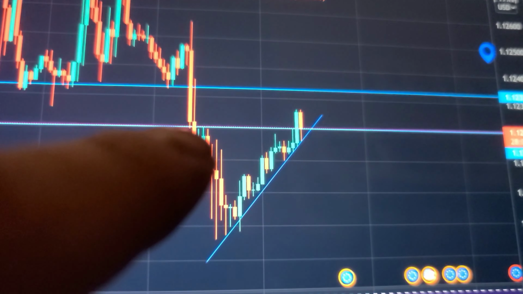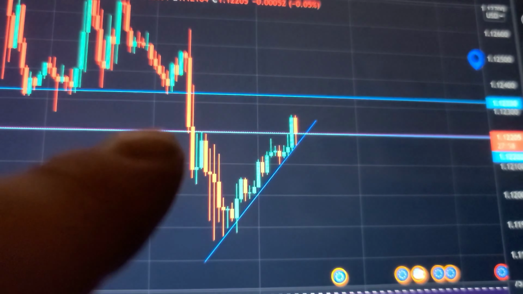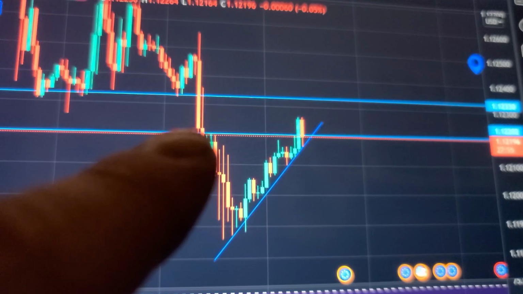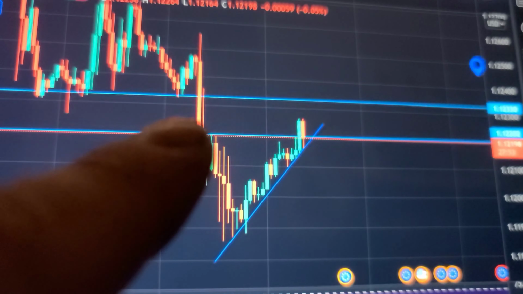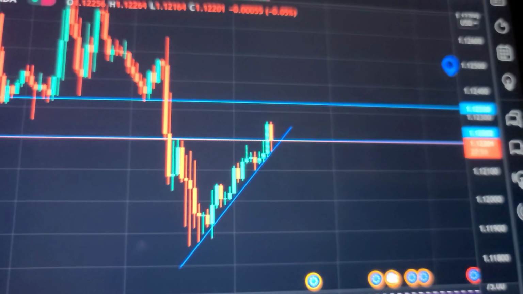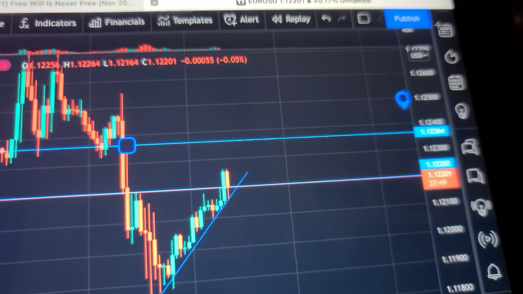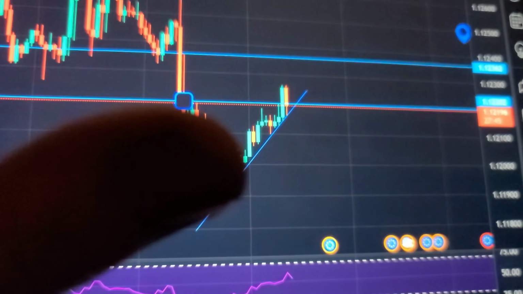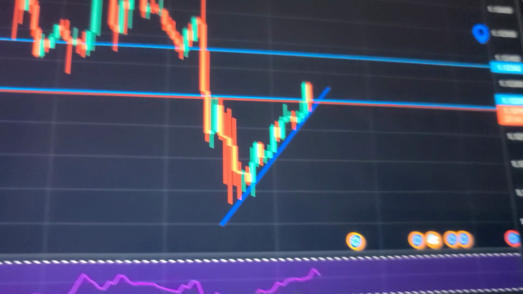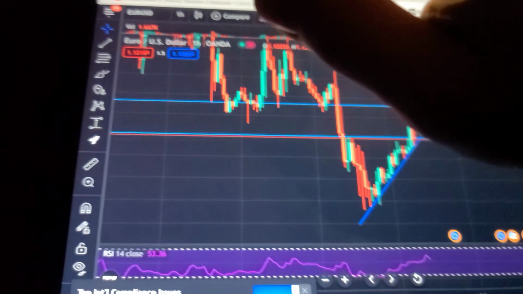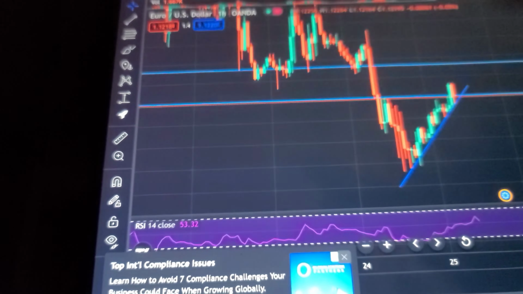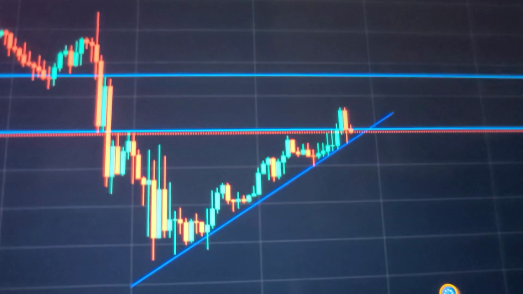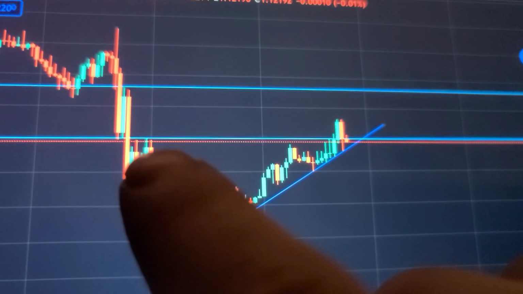On the 1-hour, there's a lot of rejection in this area, but if it breaks above, we should be able to pump up to this area. So then I shrink down the time frame even more and go to the 30 minutes.